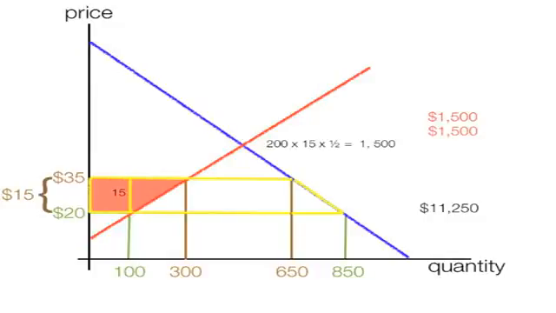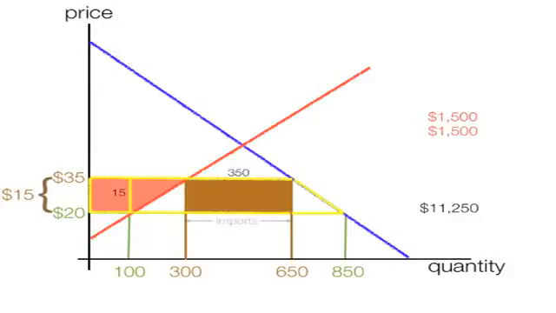So the 1,500 plus 1,500 combined is the increase in producer surplus. The tax revenue is $350, which is also the imports, how much is imported, times 15, which is the tariff. So that's 350 times 15 is equal to 5,250, and that's revenue to the government from the tariff.